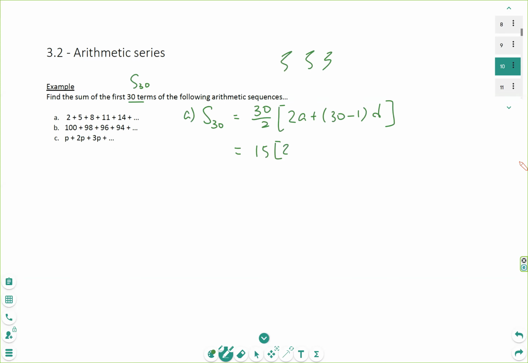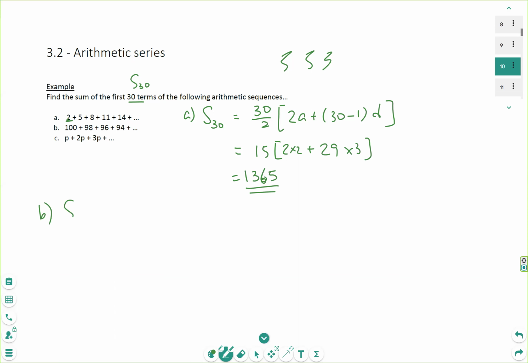A is 2, so 2 times 2, a is the first term, right? Plus 30 minus 1 is 29. The difference, every time we're adding 3, so times 3. Just put it in the calculator. You should get 1365, unless I made a mistake in my notes.